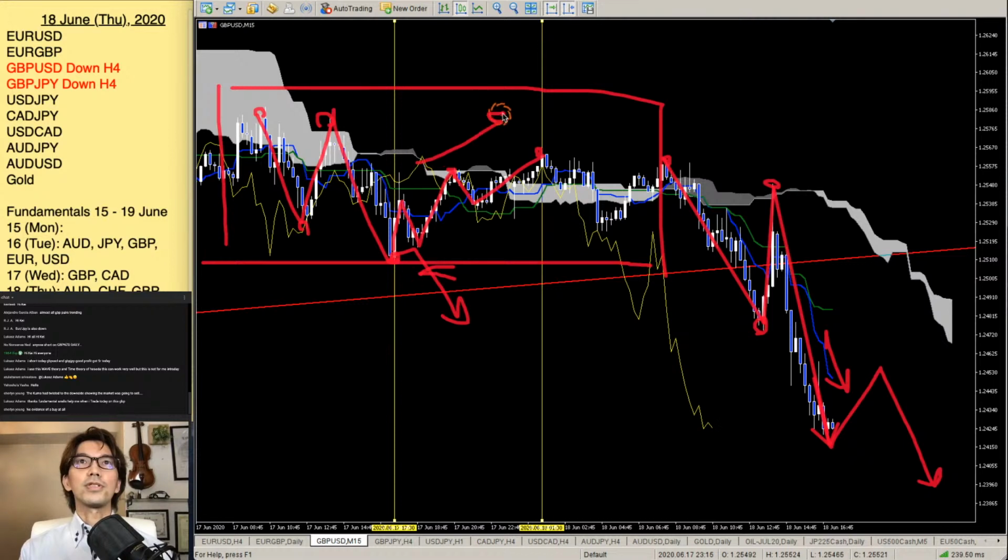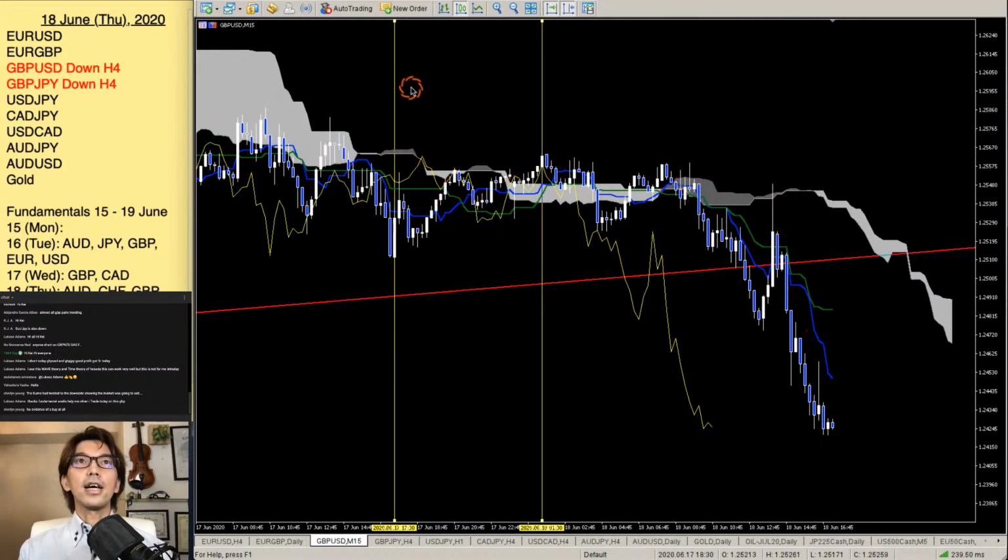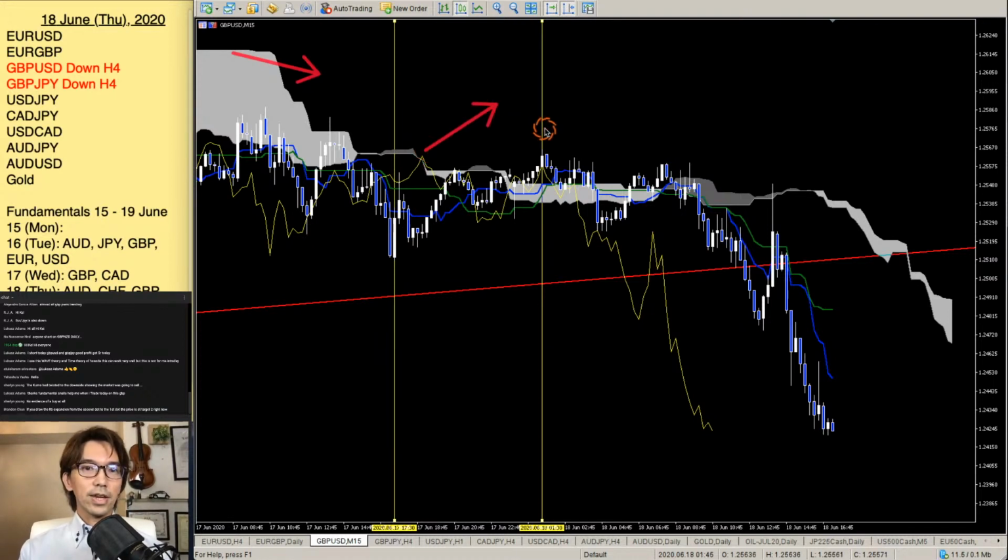Before it was bearish, but this part was bullish, okay? And after that, the price was gradually moving down this way and stopped here.